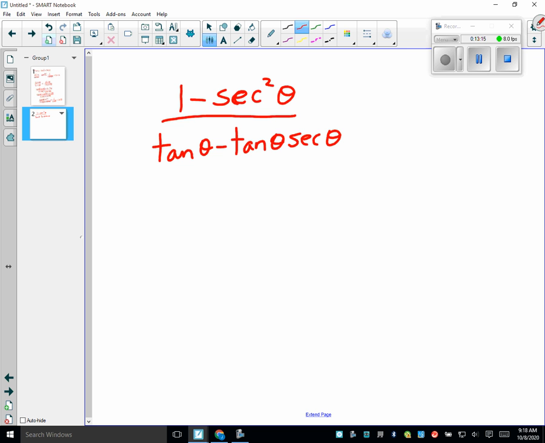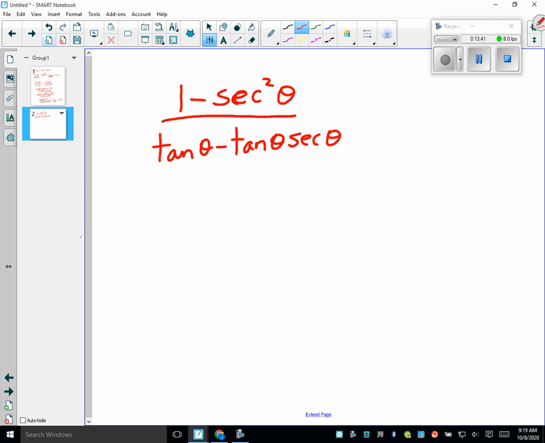So, will my numerator factor? I only want you to look at the numerator. Don't look at the denominator. Just look at the numerator. Will it factor? You're not sure. You think it will? Okay, let me ask you this.